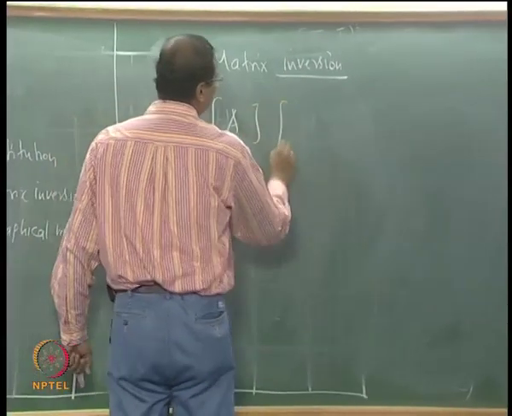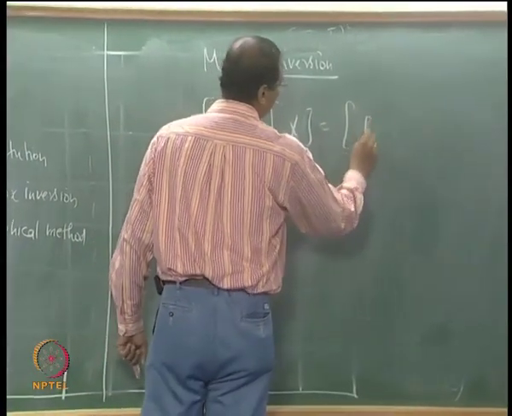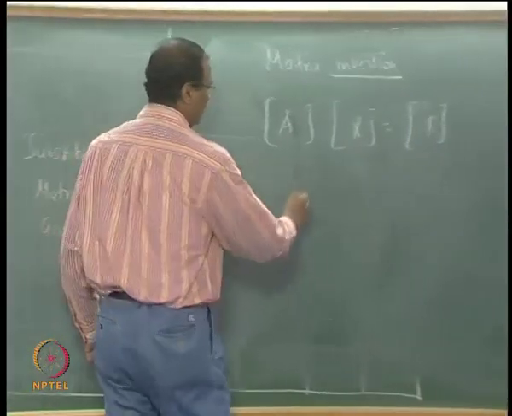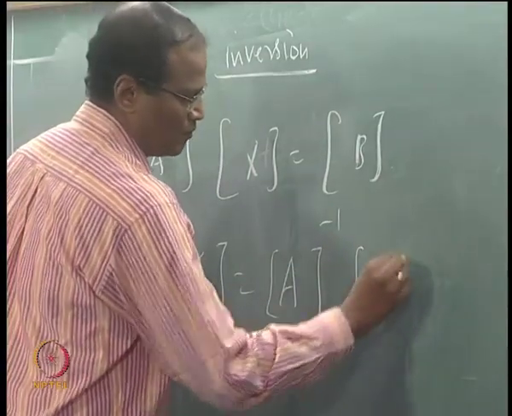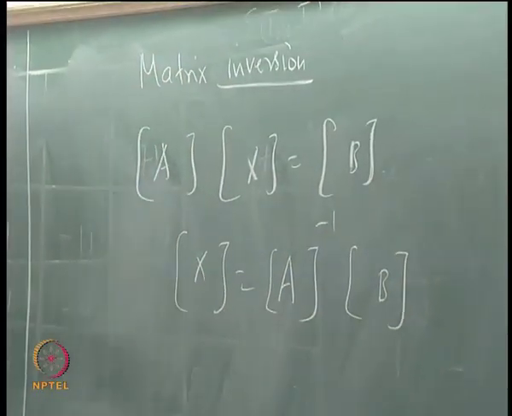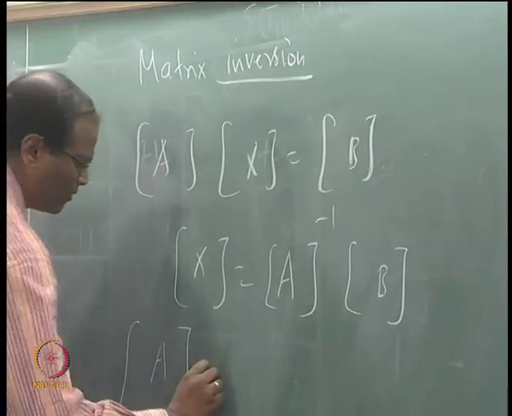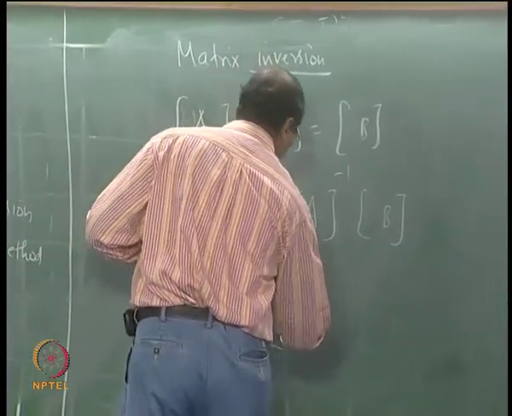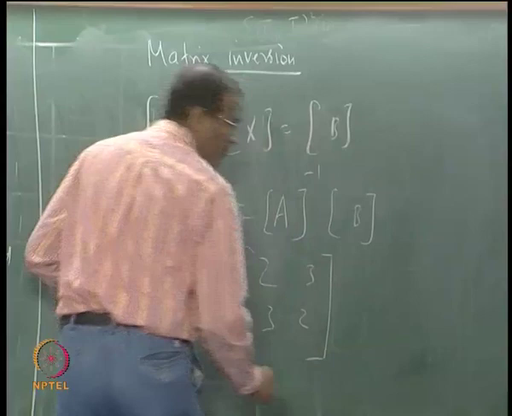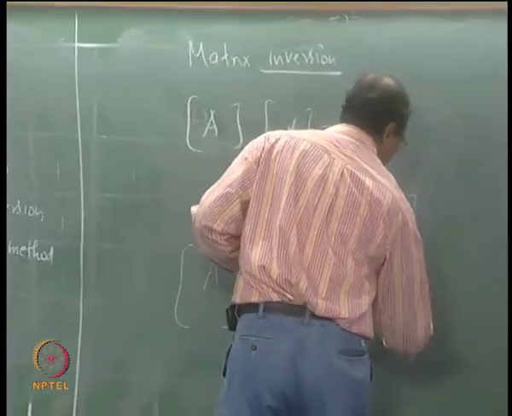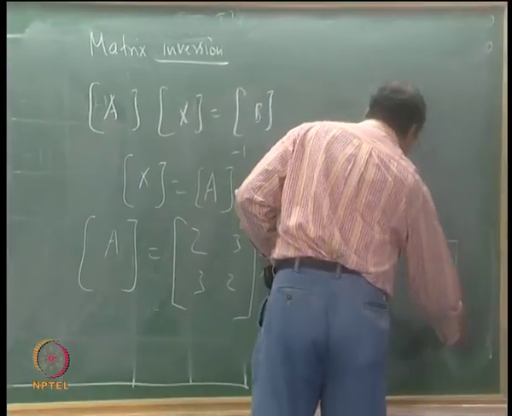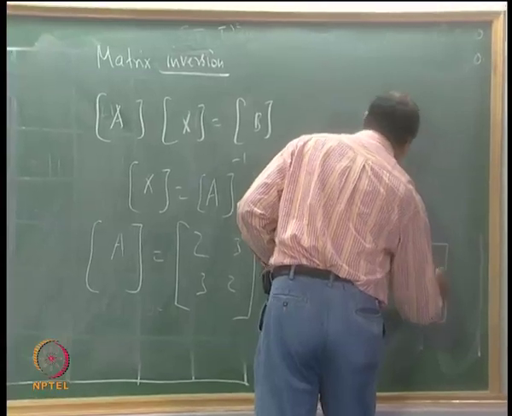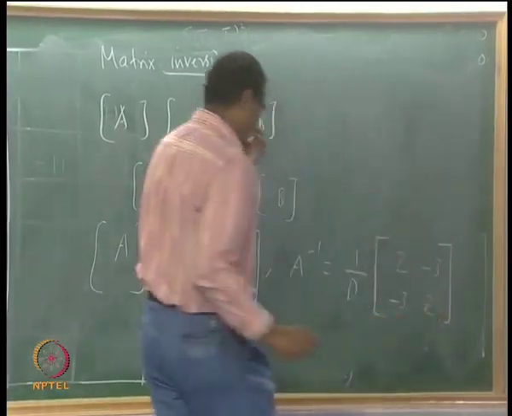So the whole system can be written as Ax equal to b. So the vector x, what you write for two variables can be extended to any number of variables. So in our case, correct.